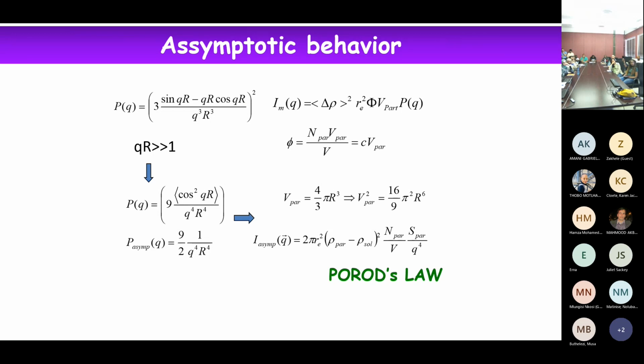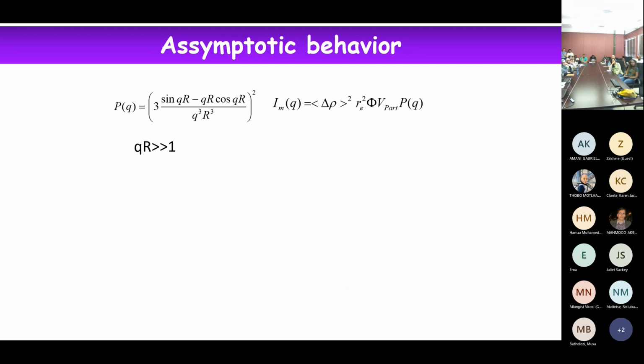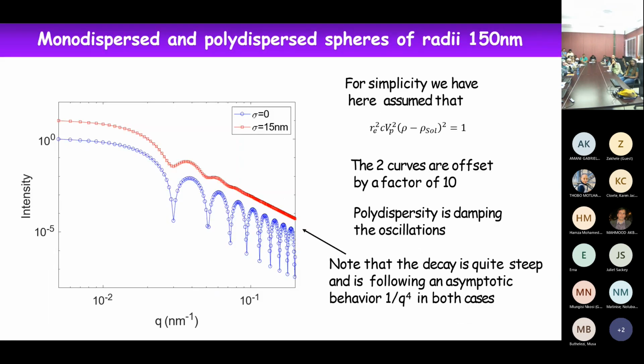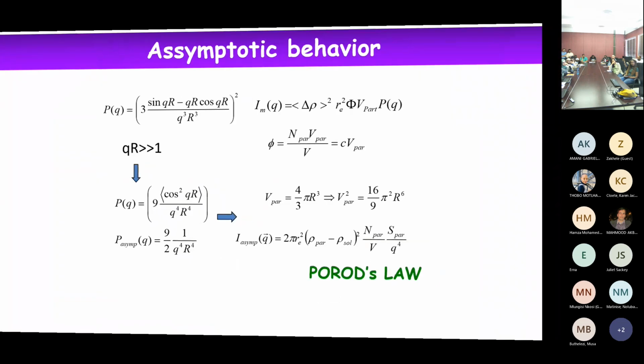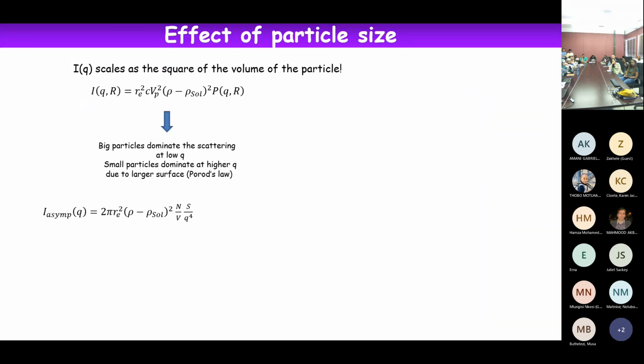This curve is going to decay as 1 over q to the fourth, which you can see here. The decay is very steep. Here you're at 1, but here you're at 10 to the minus 5. As soon as q increases a little bit, the intensity decreases very fast. This is what is known as the Porod law.